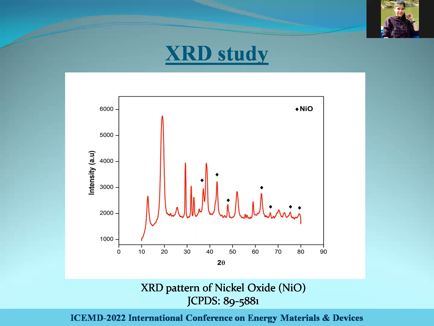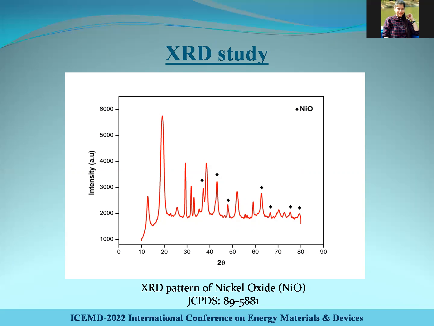This dot is showing the NiO peaks, which we already have, but we are getting some extra peaks. This is maybe due to less heating of the sample. So we are expecting that these extra peaks will be removed after sintering.